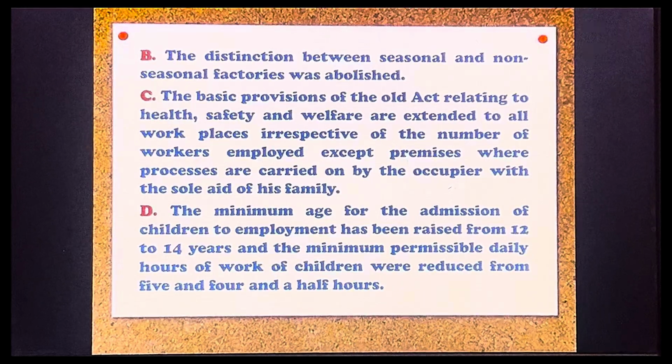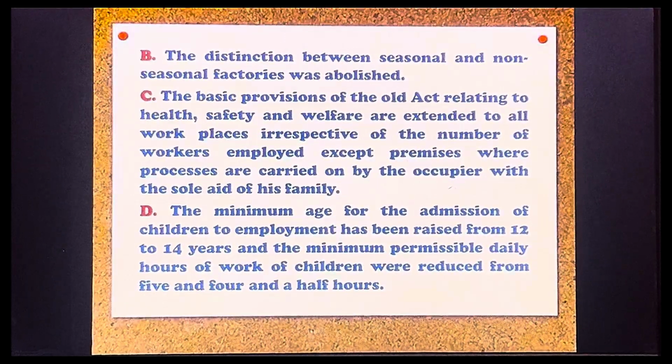In Factories Act 1948, the basic provisions of health, safety and welfare are extended to every employee in the workplace, except premises where processes are carried on by the occupier with the sole aid of his family. There were also provisions made for children.